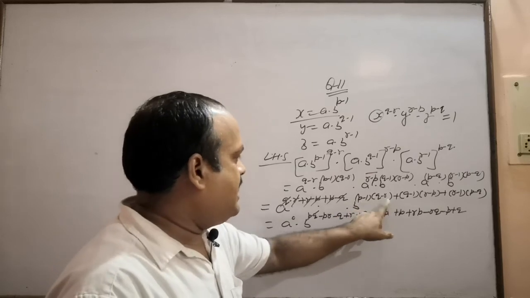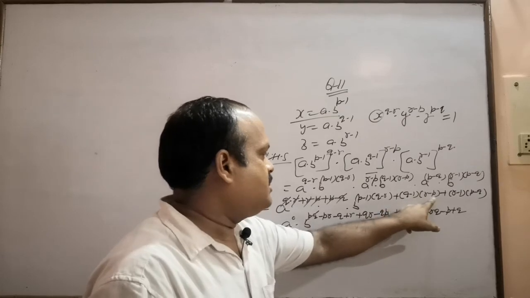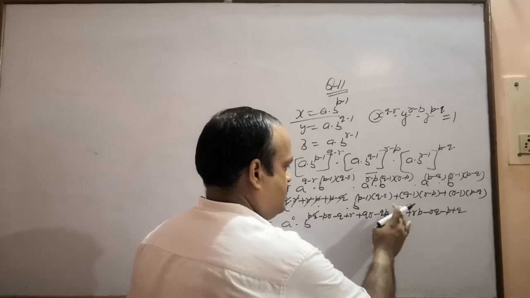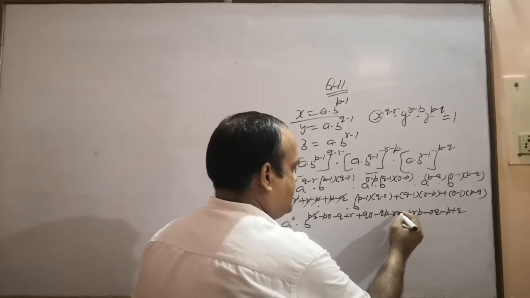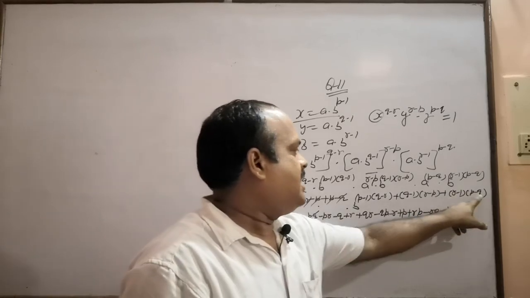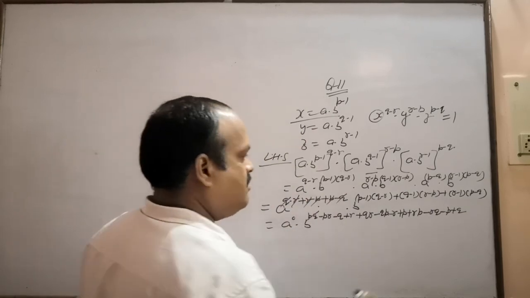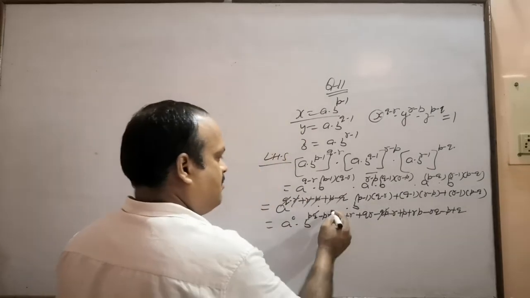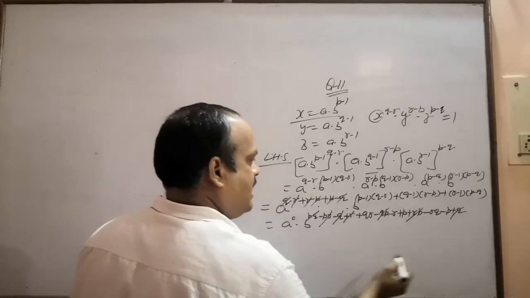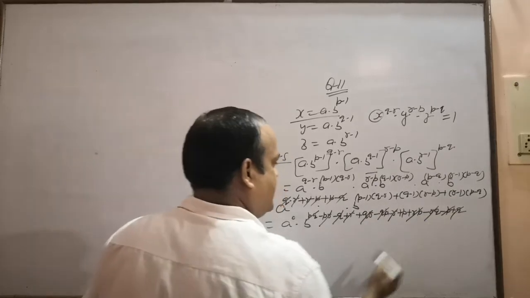PQ minus PR minus Q plus R. QR minus QP minus R plus P. Then RP minus RQ minus P plus Q. Okay. So plus PQ, do we have minus PQ? Minus PR plus PR, minus Q plus Q, plus R minus R, plus QR minus QR, minus P plus P.